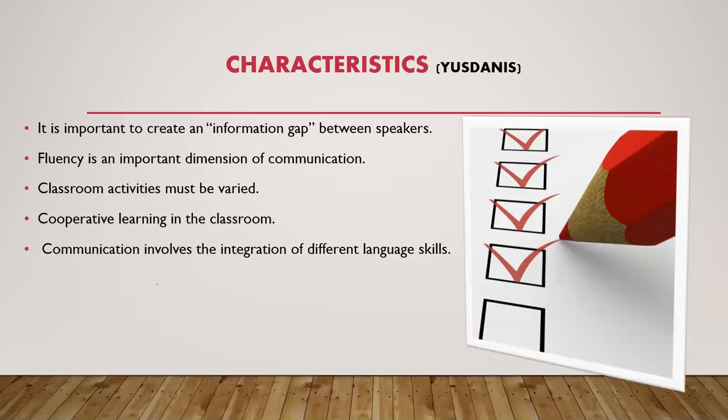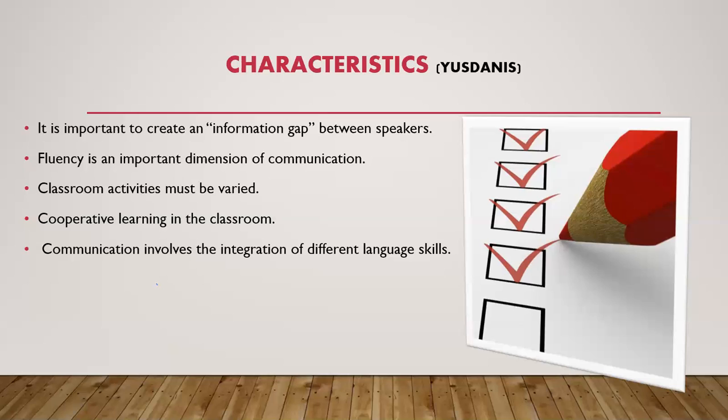Fluency is an important dimension of communication. It means that students are able to speak quickly or easily in a given language, in this case, English. Classroom activities must be varied. These activities should be possible with authentic material where the communication takes place.